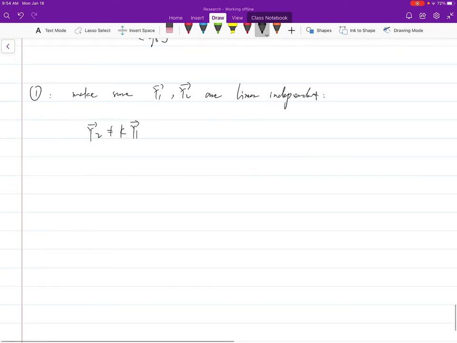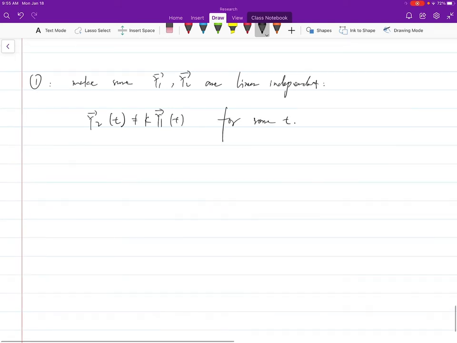Okay, and how do you make sure that? Well, try to think about this. You are trying to make sure y2(t) does not equal this one times t for some t. Otherwise, this one equals this one for any t. They are linearly dependent because one is a multiple of the other.